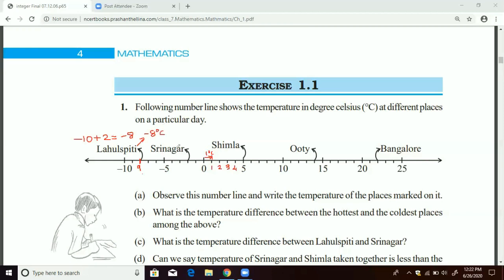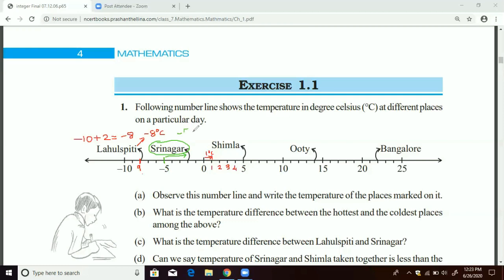Next is Srinagar. We have to find the temperature at Srinagar. Here it is given -5. From -5, Srinagar is 3 points away towards the right side. That means we have to add +3 to the -5.